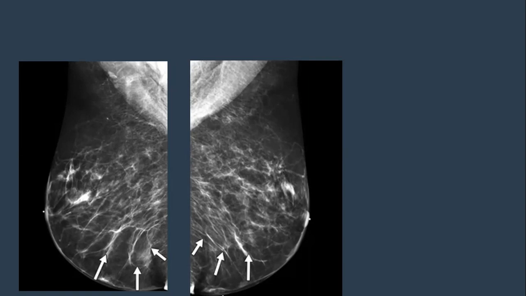And this, you see, is swirling architectural distortion characteristic of bilateral mammoplasty. The other thing is the bilaterality. How come the distortion is seen in both lower breasts, below the nipple?